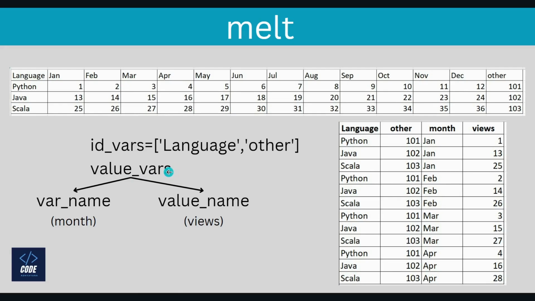And what it will do is there will be two things: one is the month value like Jan, Feb, and its corresponding values like 1, 2, 3. So we have two more parameters to customize, where for var_name we can pass any name. In this example I have given month, and for value_name I have given views.